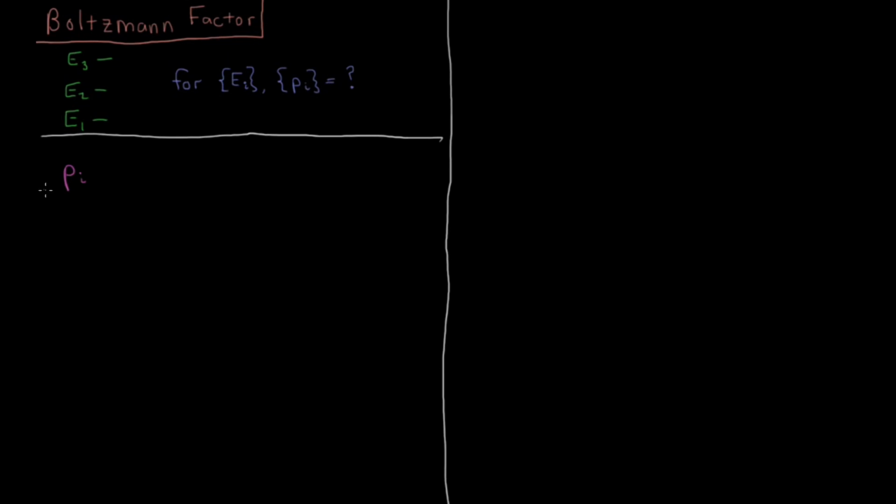So the probability for a given state i with energy E_i is proportional to the exponential e to the minus E_i, the energy of the state, divided by the Boltzmann constant, k_B, times the Kelvin temperature, T. And this thing here, as I said, is called the Boltzmann factor.